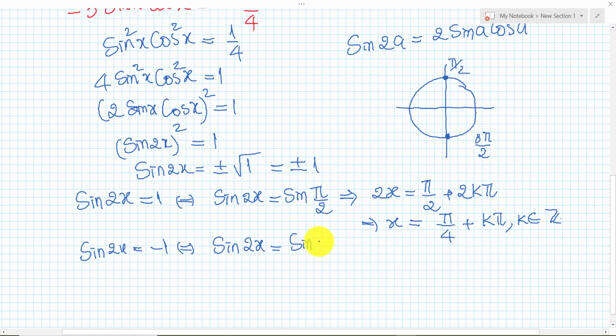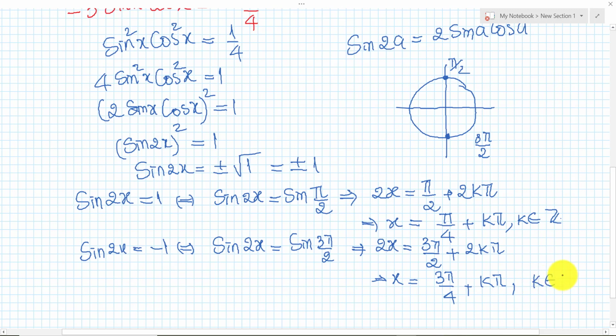We get sin(3 pi/2). So 2x equals 3 pi/2 plus 2k pi, and we get x equal to 3 pi/4 plus k pi, where k is an integer.